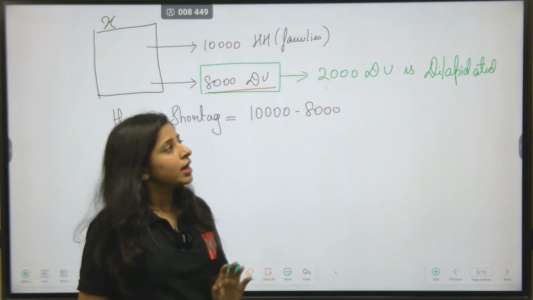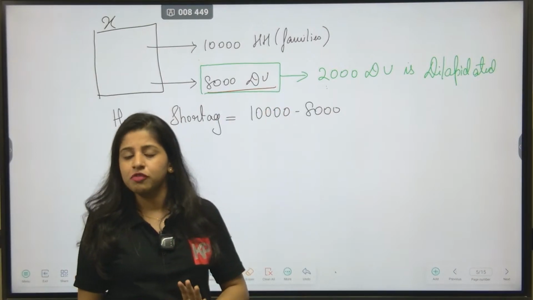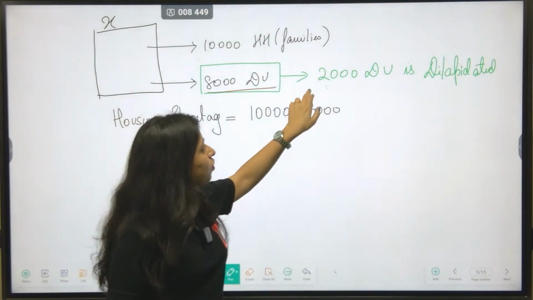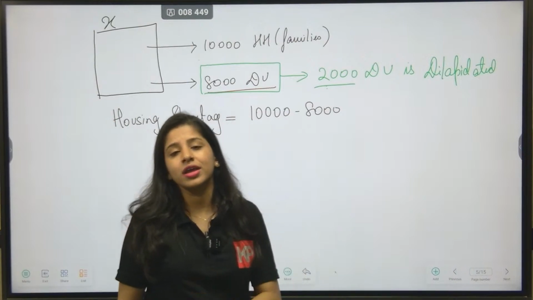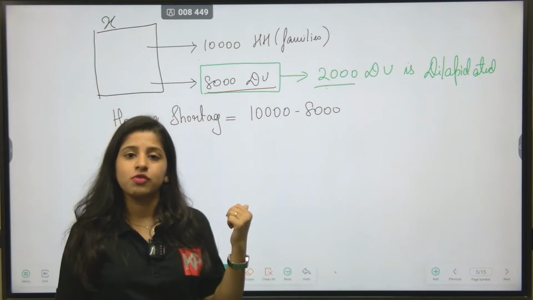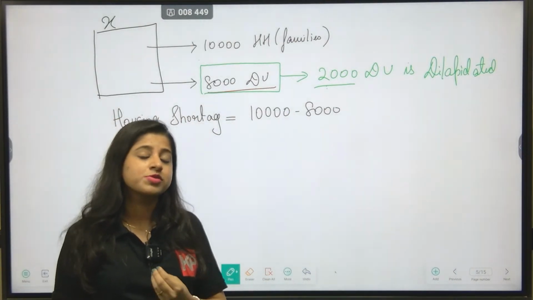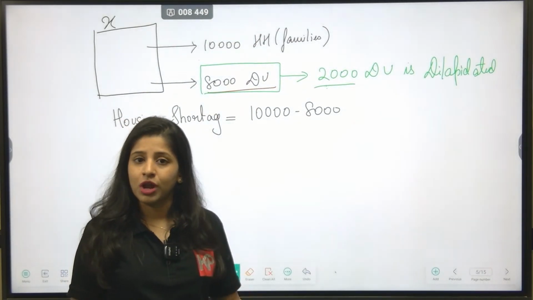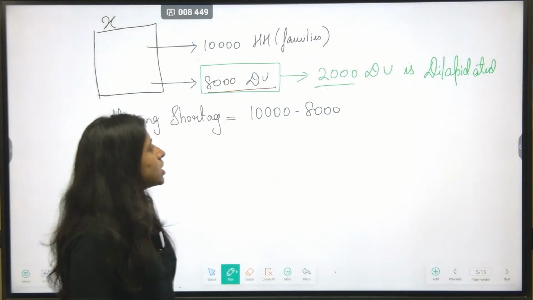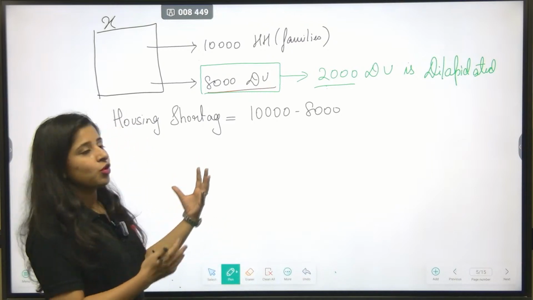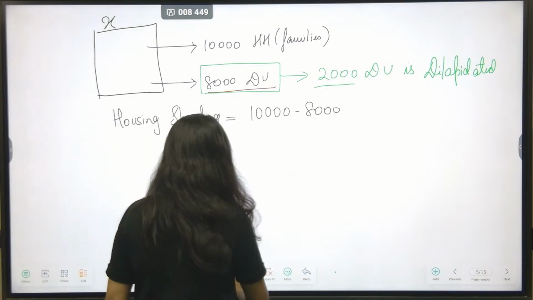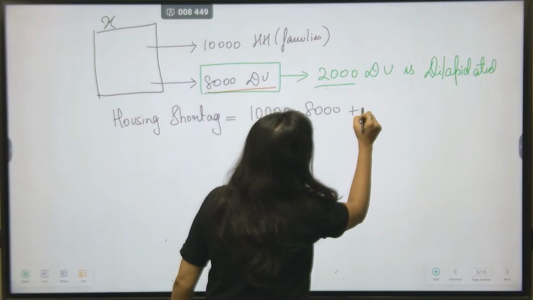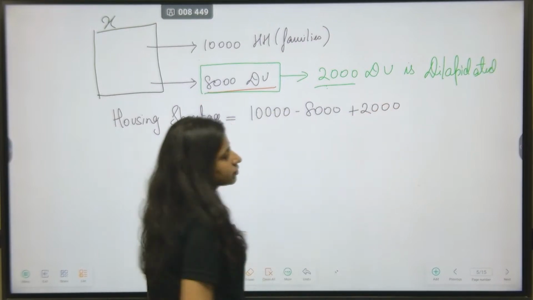So you have to replace those houses also. If you are the government providing extra housing, you have to provide extra houses, but you also have to replace these 2,000 houses, because they are structurally weak and not fit for habitation. So what will the housing shortage be? We will add 2,000. Why?